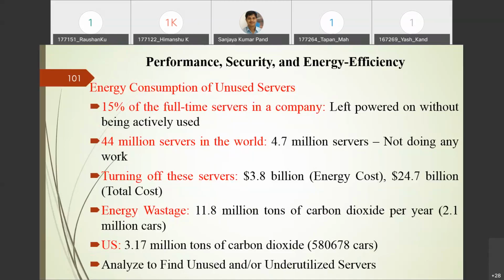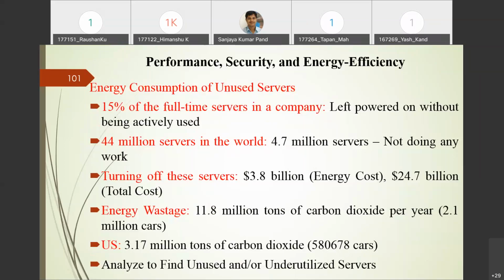That is the same as the carbon dioxide generated by the data center. That's why we are heading towards the green data center or green energy, or you can say renewable energy, which people are using. Similarly, in the US, they are citing 3.1 is generated, which is 5,80,678 cars.